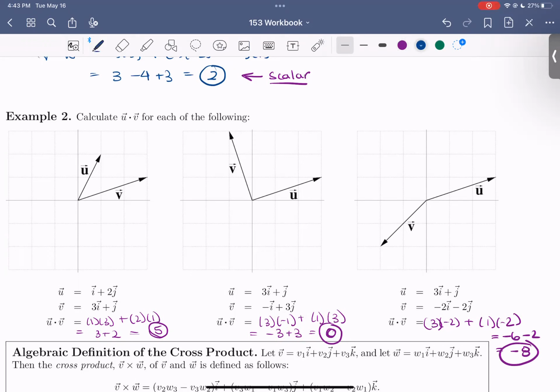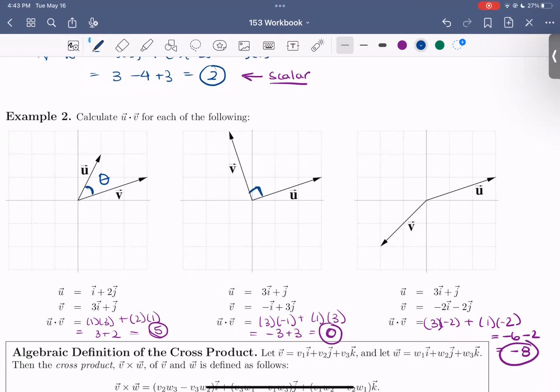All right, so in this first situation, and in actually all these images, let's go ahead and look at the angle between the vectors u and v. So we notice between u and v here, we have an angle theta. Actually, why don't we go ahead first and just compare all of the angles. So first we have this angle theta between u and v. Then we have an angle here that looks kind of like a right angle.